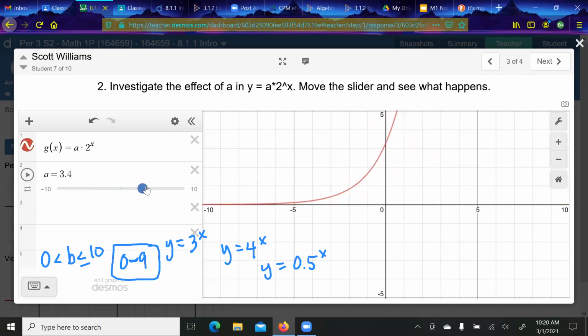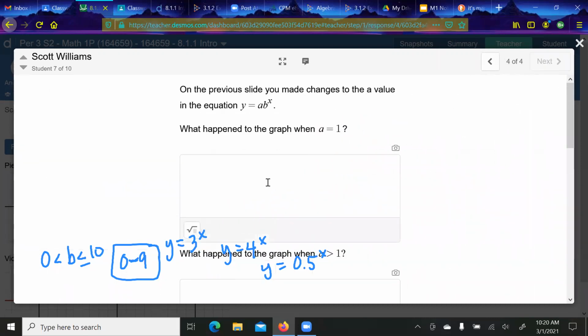It becomes steeper. Yeah, its y-intercept changes. Exactly. The y-intercept changes and it gets steeper. So that's what you're going to type. Good job, guys. So that's what you're going to type here in the last slide. Okay, and this lets me know that you're following along and that you logged in and you did the very short Desmos activity.